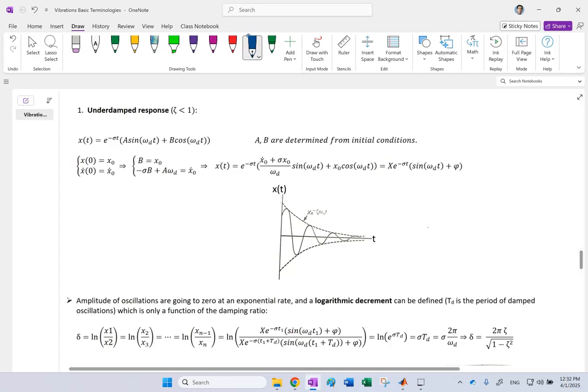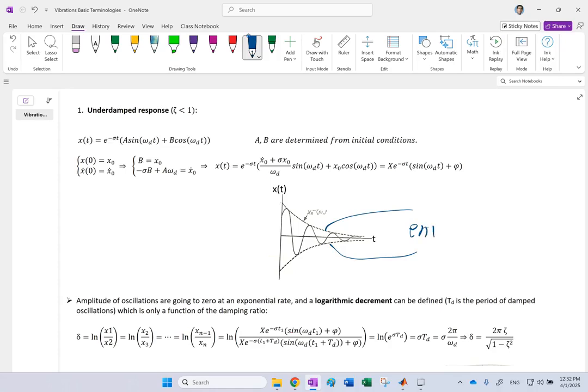you see here these two dash lines that are basically above and below your actual response. These two, they have a technical term. They are called envelope. So if you hear the word envelope, these are the envelopes of this curve, and they are positive and negative exponential e to the negative sigma times t, and your curve is always tangent to them.